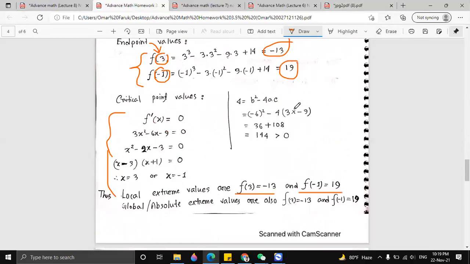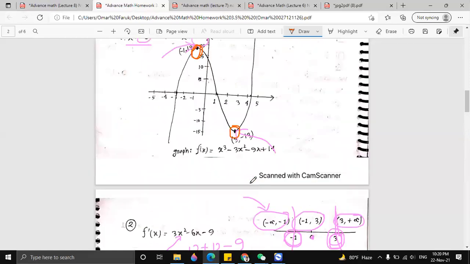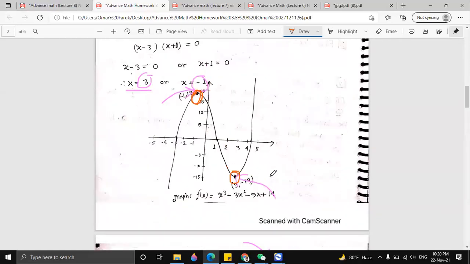So we can say that f of 3 is equal to minus 13. This is our global minimum, 3 comma minus 13. You can see this is our global minimum, right? Because this point is below this point.